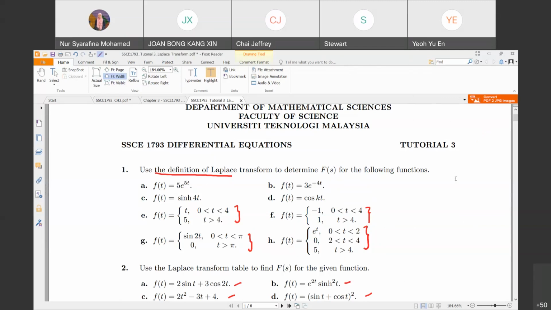Sometimes the Laplace table may be provided, but it is not always a full table, but you can refer to the past year questions. That is the table that we are going to use. So maybe some function is not there, so you can identify which function.